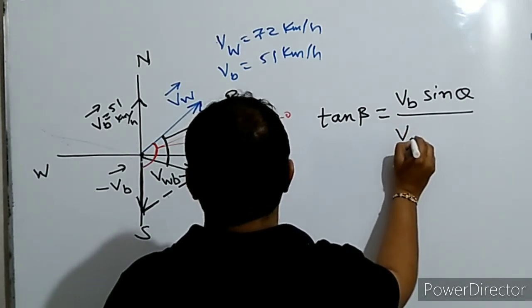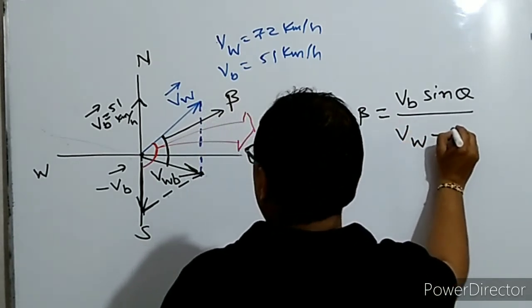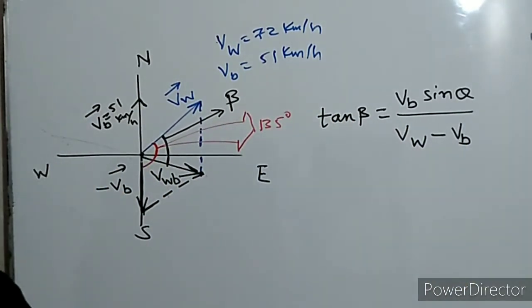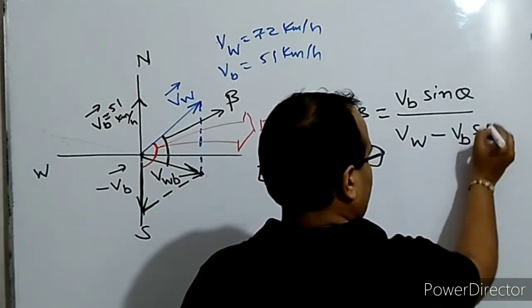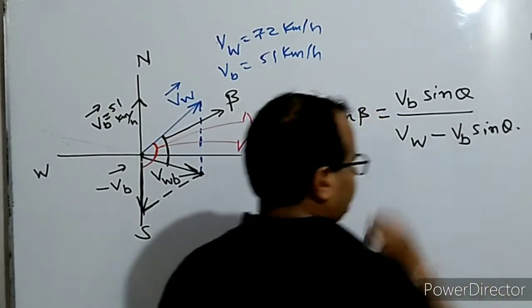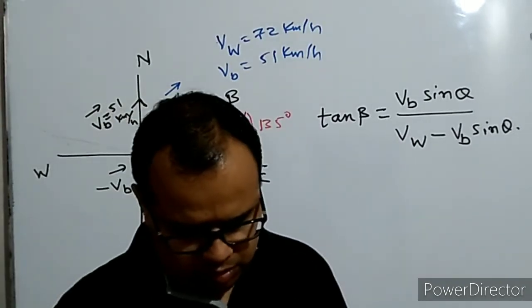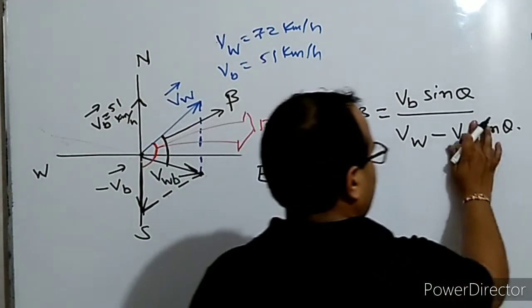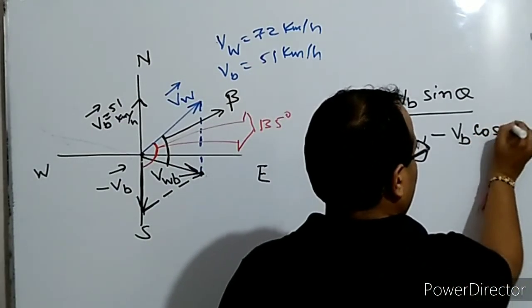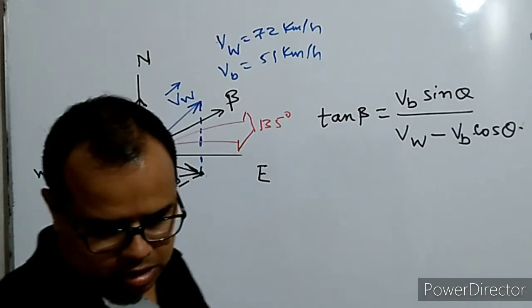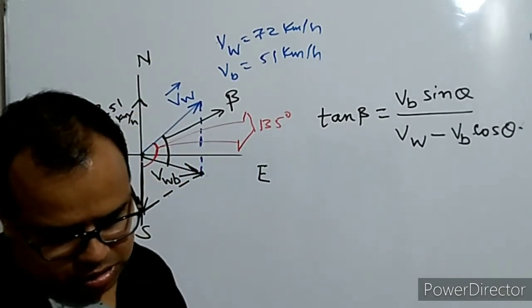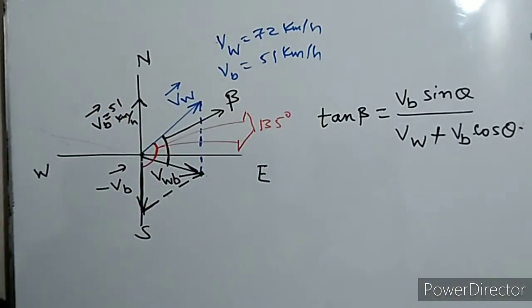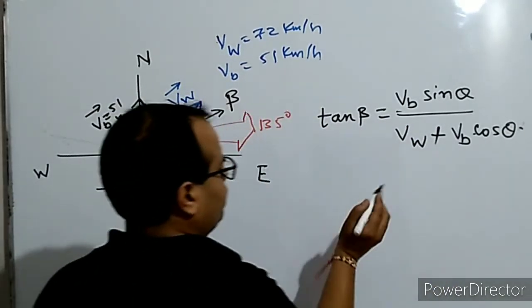A is VW, so it is VW plus VB cos theta, and we are taking the magnitudes of these, that's why we have written VB.